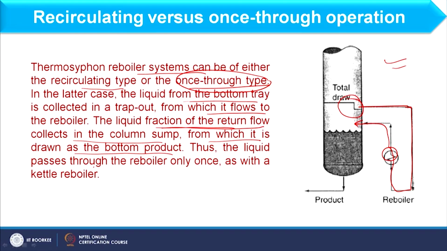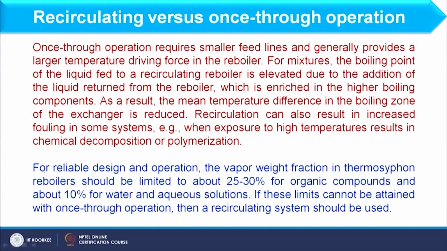Thus the liquid passes through the reboiler only once, as with the kettle reboiler, okay. So in this way once through operation is done, and how recirculating operation is done, we have already discussed in the thermosiphon reboiler, right.